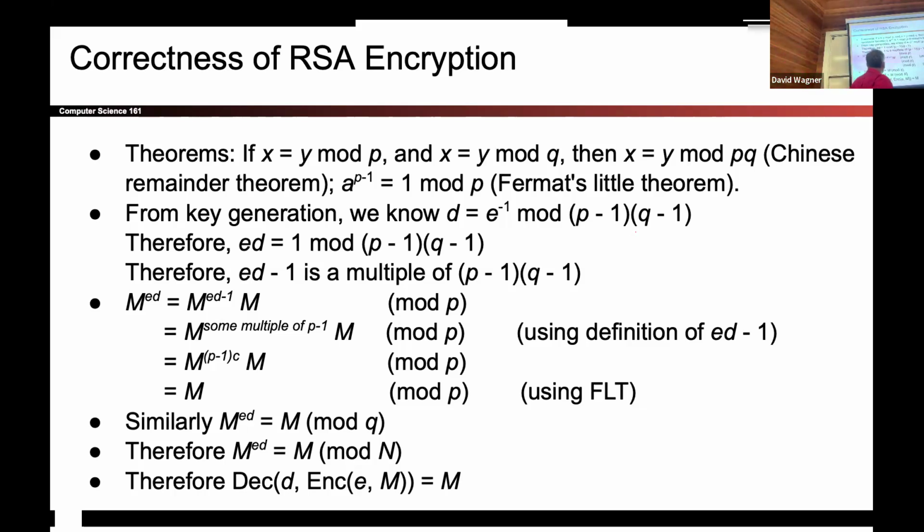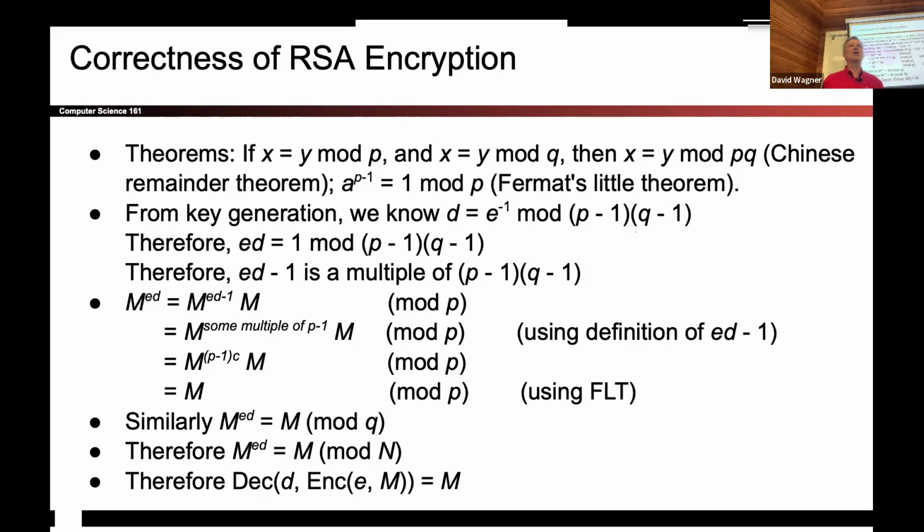But what can I say about M to the p minus 1 power? Which of these theorems is helpful for telling me something about M to the p minus 1 power? Fermat's little theorem. Fermat's little theorem says when you're working modulo p, raise anything to the p minus 1 power, and what you get back is 1. So M to the p minus 1 is just 1.